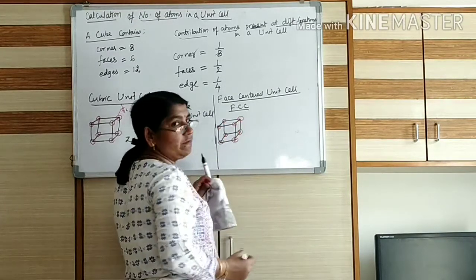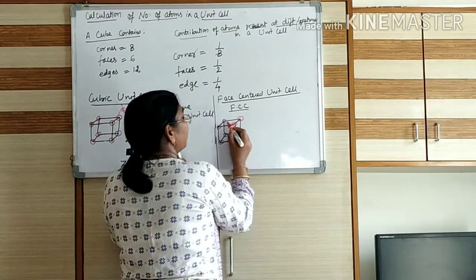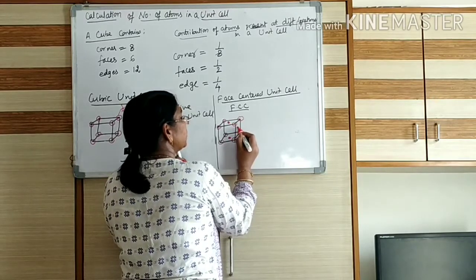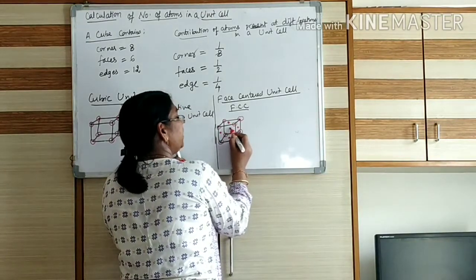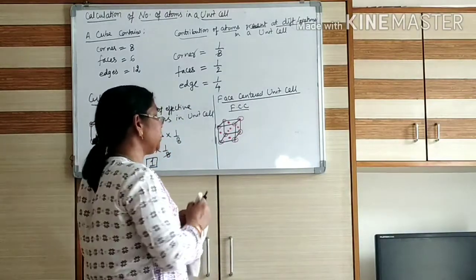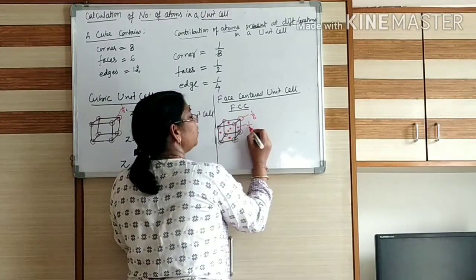These are corner ones which are contributing 1/8. And how many faces are there? One face, up, down, sideways, front, back. 6 faces. And each is shared. This contributes 1/8. This contributes half.